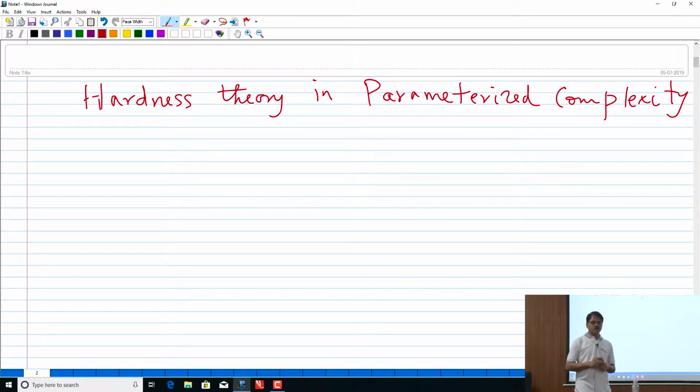So let's go back to NP completeness and say, how do we show some problem is hard, meaning it is unlikely to have a polynomial time algorithm? How do we show that? Yes.